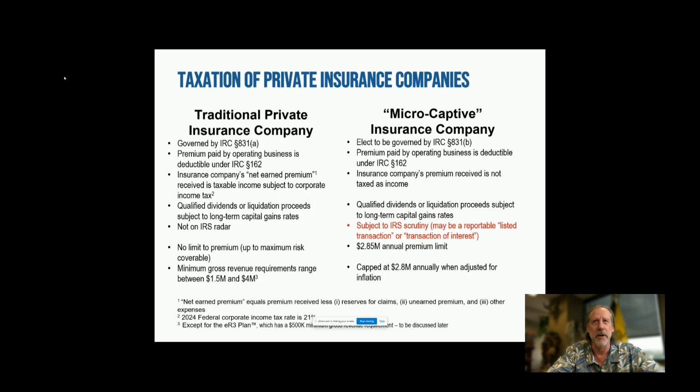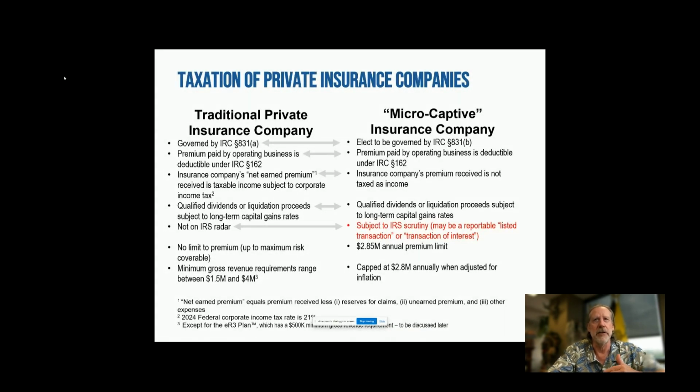That's governed under Code Section 831(b). You can see here the differences between how they're taxed and how the premiums are deductible, and then how the premiums are taxed to the insurance company.